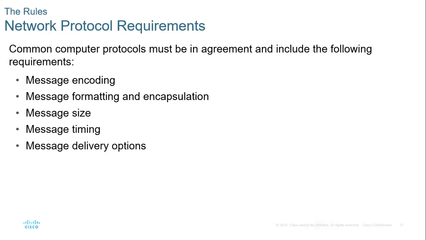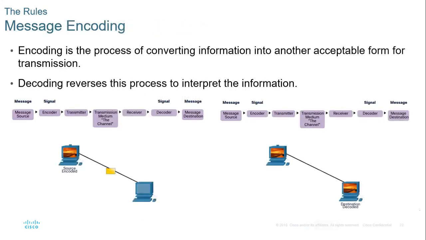Network protocol requirement: encoding is the process through which we encode. There are various encoding techniques, such as RSA, and other advanced-level encoding techniques too. Message formatting and encapsulation, message size, timing, delivery options. Message encoding: encoding is the process of converting information into another acceptable form for transmission.